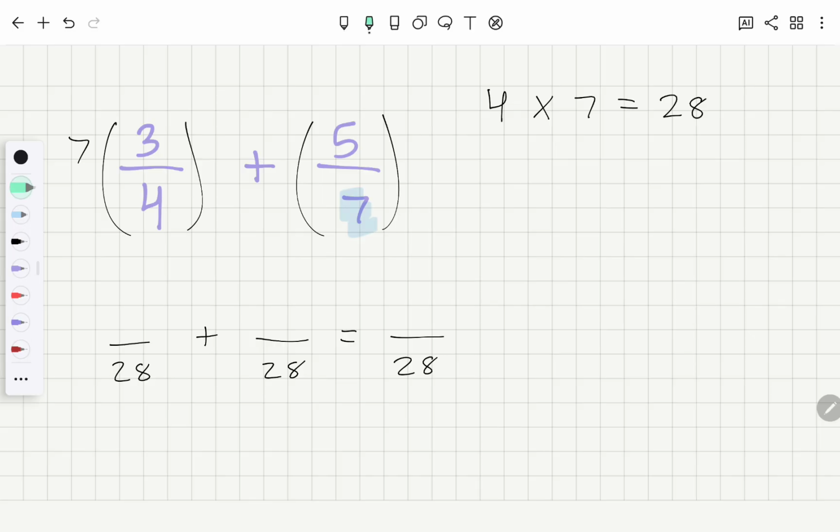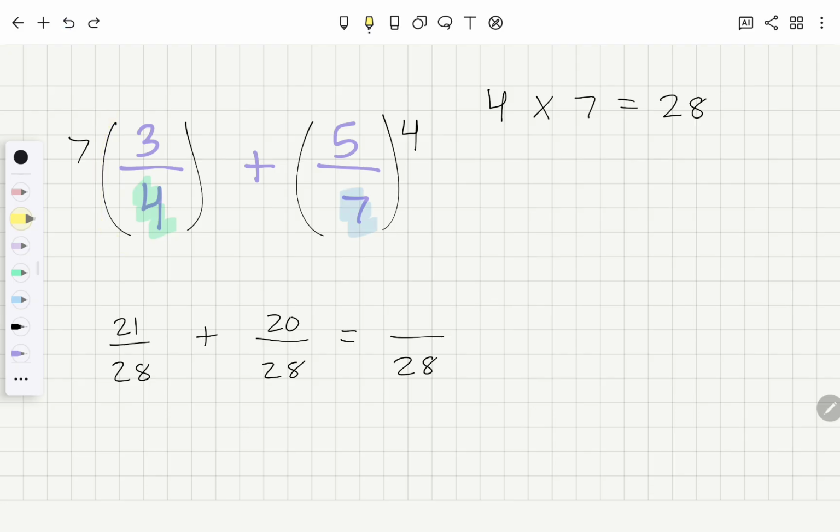And same for our second fraction, I'm just going to look at the opposite denominator, which is 4. 7 times 3 is 21. And 4 times 5 is 20. And then we already have our 28s for 7 times 4 and 4 times 7. Alright, and don't forget these brackets here, they just mean multiply.